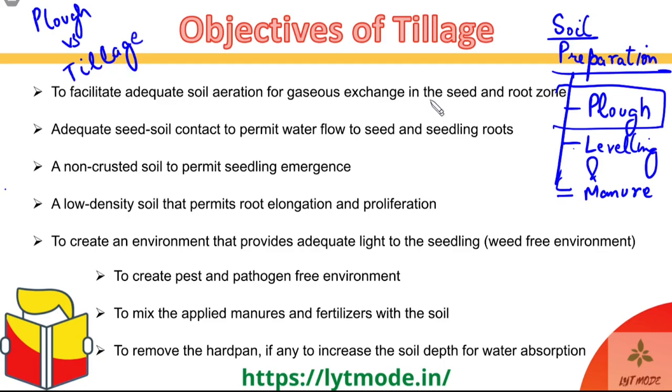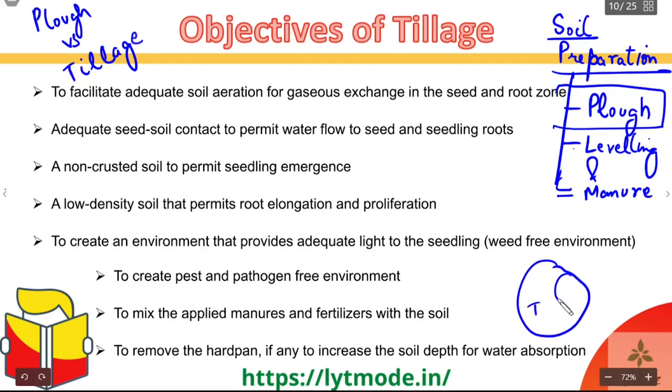If I try to make you understand in terms of a Venn diagram, it will be simpler. If this is tillage, then this is plowing. Plowing is a subset of tillage, and tillage is a very broad term which is used to prepare and cultivate your rakes in the field.